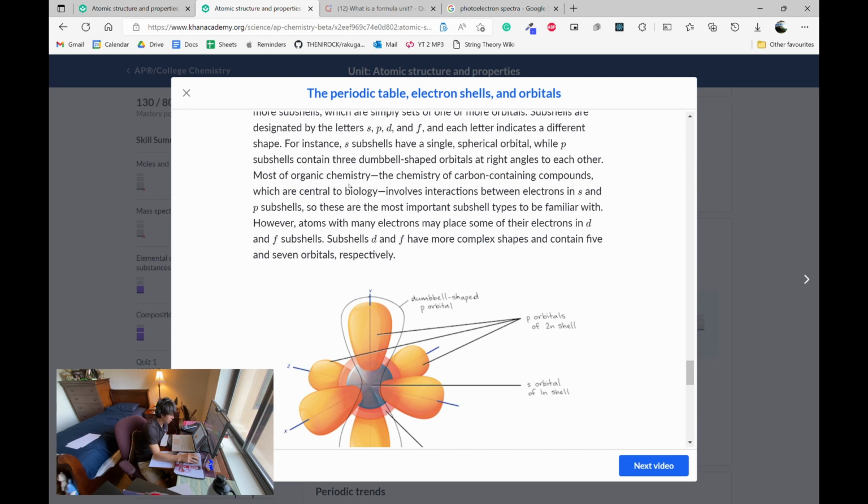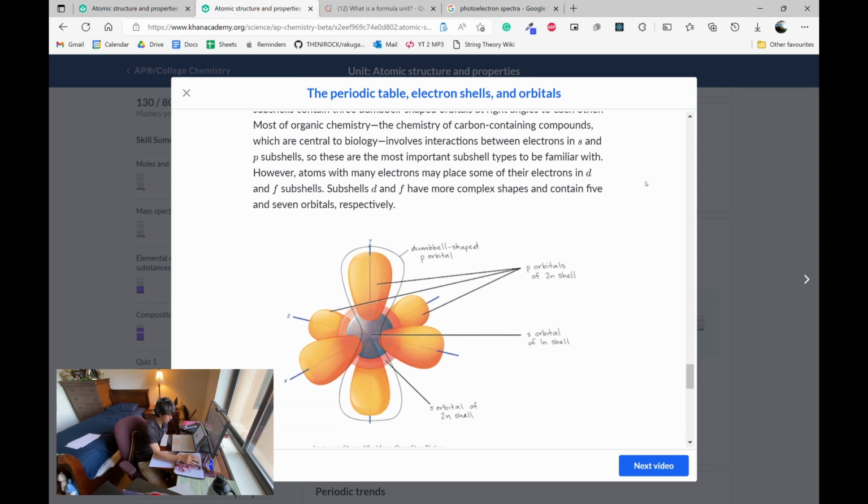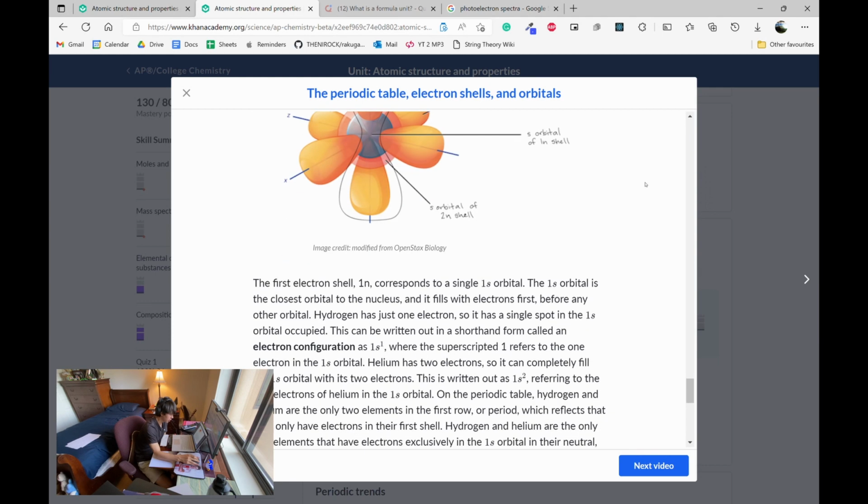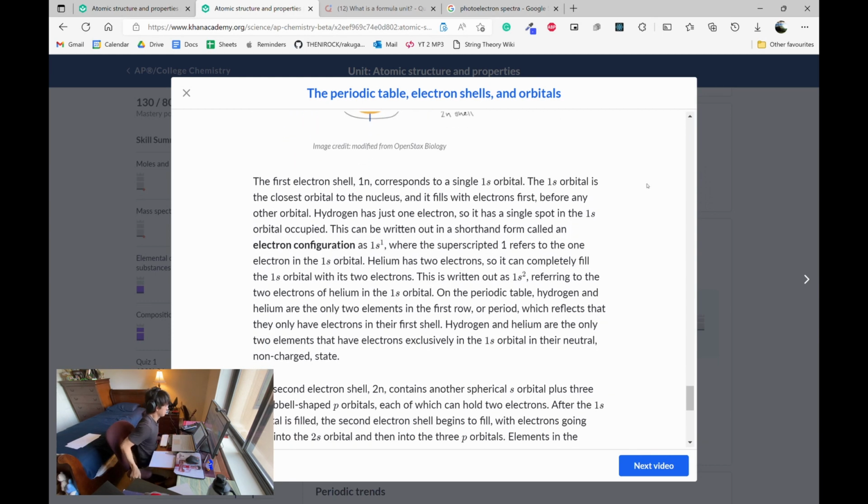Most of organic chemistry of carbon-containing compounds, central to biology, involves interactions between electrons in S and P subshells. Yeah, okay. So they're the most important subshell types to be familiar with. However, atoms with many electrons may place some of their electrons in D and F subshells. Subshells D and F have more complex shapes and contain 5 and 7. So they're only showing P and S. Cool.